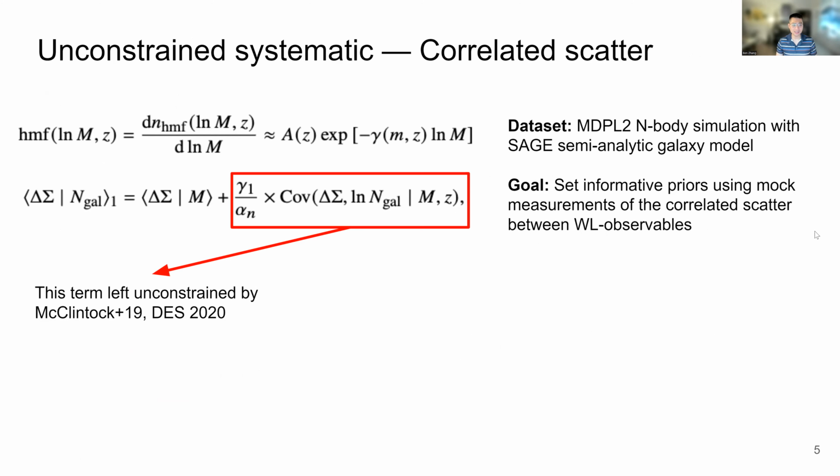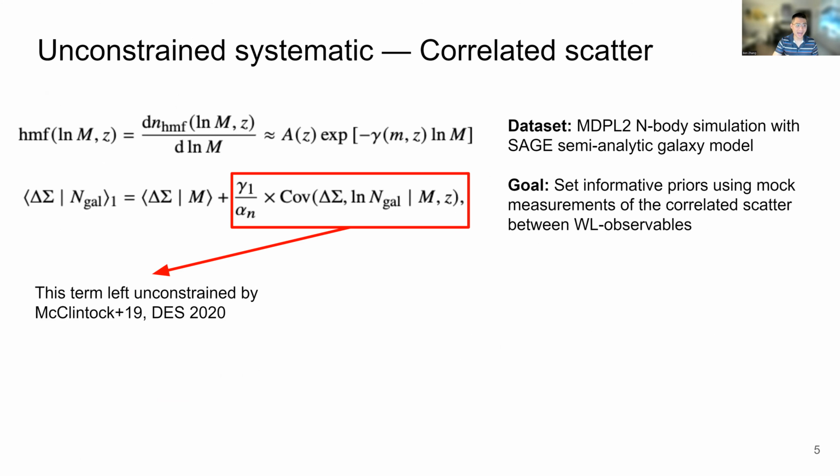Currently, there is one unconstrained systematic that we address in this project. This is the correlated scatter between these two weak lensing observables, delta sigma, the weak lensing signal, and the log of the richness. This is folded into the scaling relation.